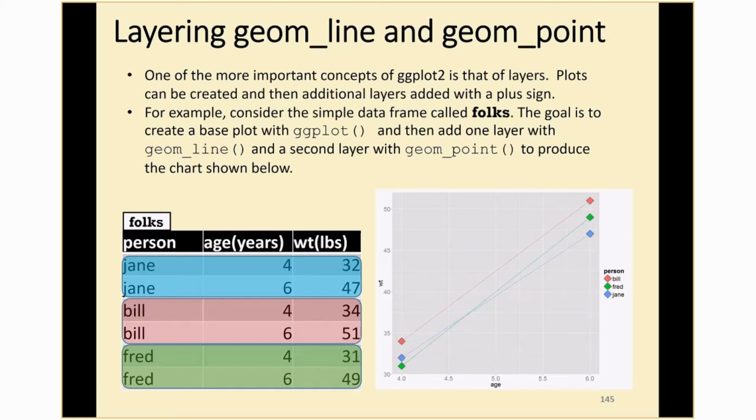And I'm going to superimpose 2 layers, one to make a scatter plot and the other to make a line plot. Now in this particular case, the data is a little simple data frame that I made up called folks. It's got 3 children at different ages. The weights were determined, and this is the plot that I want to make.